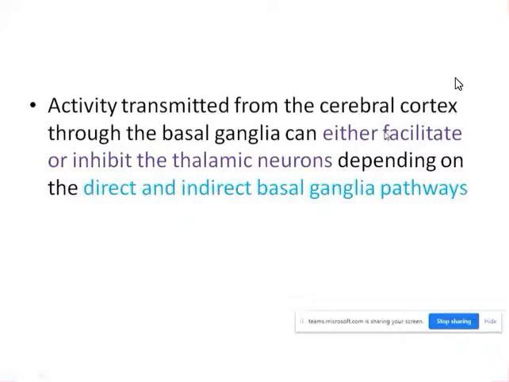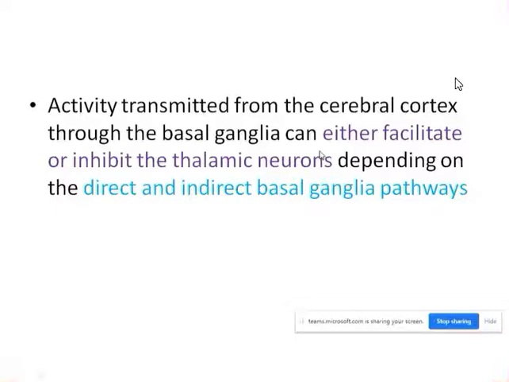So the main thing is that the basal ganglia receive the information from the cerebral cortex, and from the basal ganglia the information will also go to the cerebral cortex. It may be facilitatory, meaning it excites the cerebral cortex, or it may inhibit the cerebral cortex, and in between there is the thalamus. The information goes through the thalamus, and depending on whether it is facilitatory or inhibitory, the direct and indirect pathway is there. Now I'll show you the pathway again in more detail.